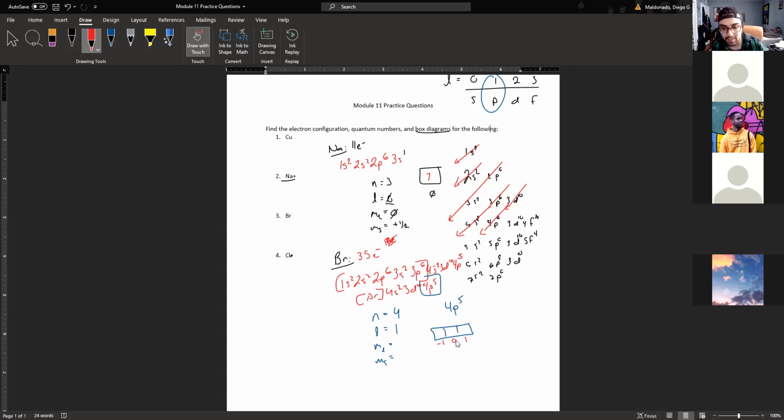Awesome. And how many electrons do I have? 5, based off our exponent. And how do we fill it? You start by putting 1 in first, and then go from there, up arrows and then down arrows. The last one I placed is on 0, so 0 is my ml. And then what's my ms?